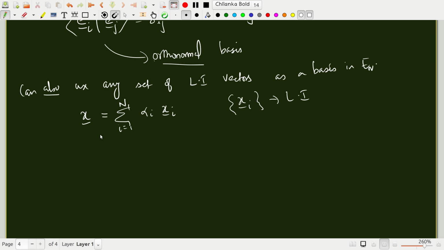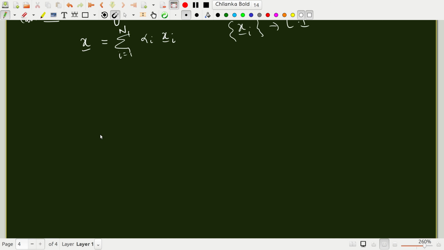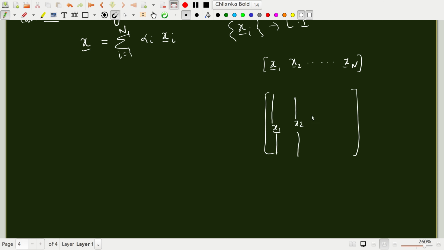So you can think of all the bunch of x_i's as x_1, x_2, ..., x_n. This is like a matrix, right? Because each of these is a column vector. The column vector x_1 will occupy this, the column vector x_2 will occupy this, and so on up to column vector x_n.